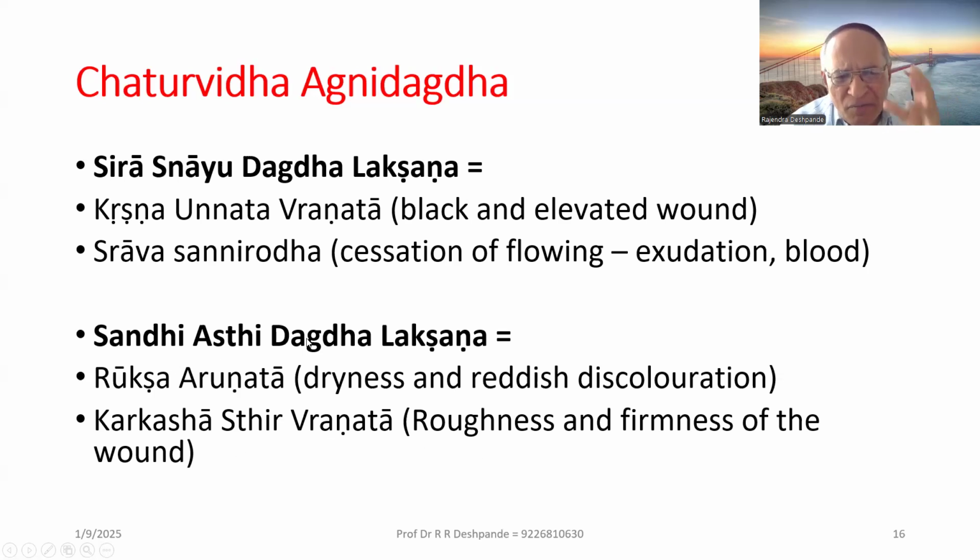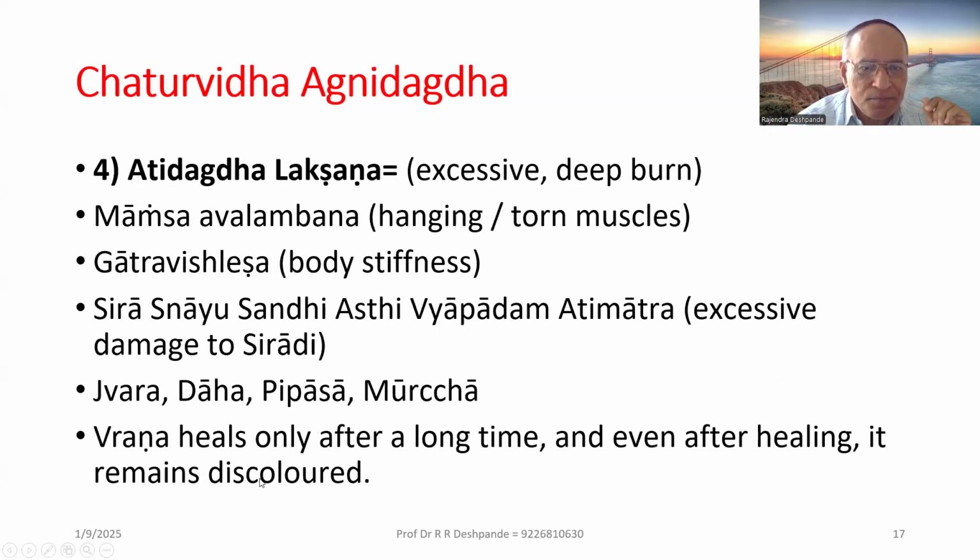These are the typical features mentioned in Ayurvedic compendia or Samhita. Now, fourth is Ati Dagdha Lakshana, excessive and deep burn. So here, Mamsa avalambata, hanging or torn muscles you will see, because this is ati. Ati means excessive type of the burn.